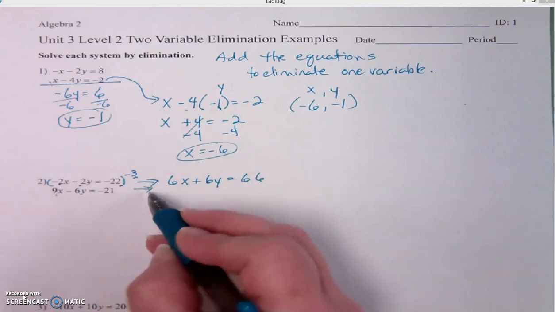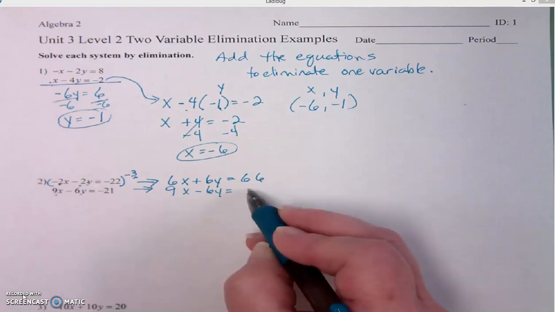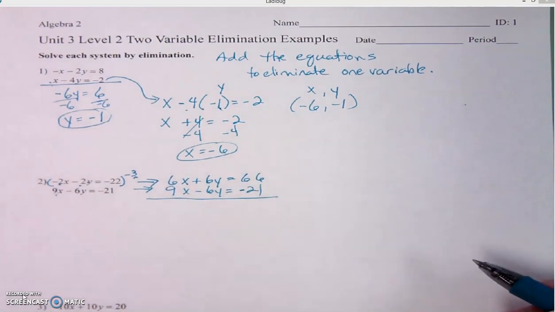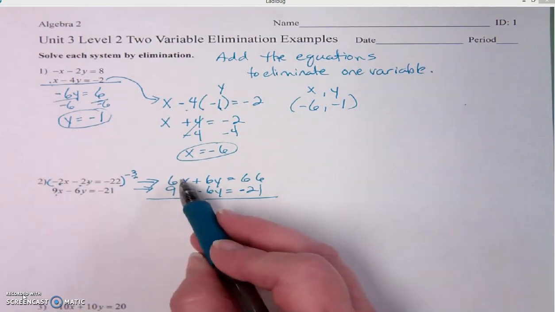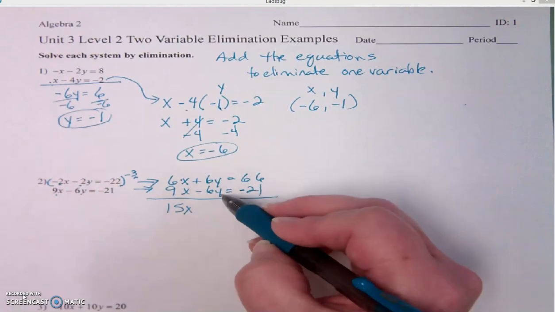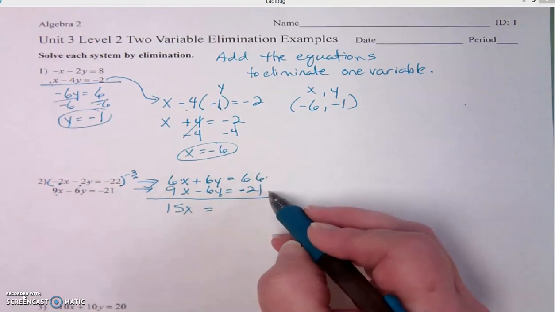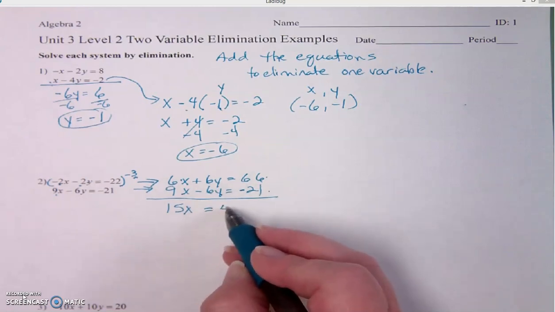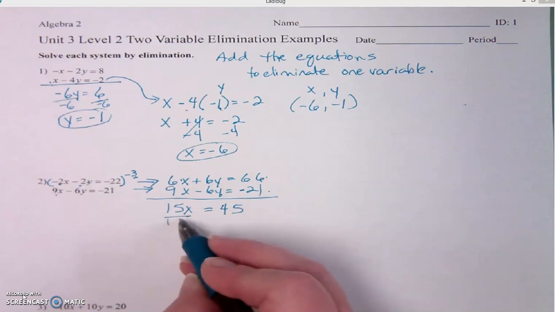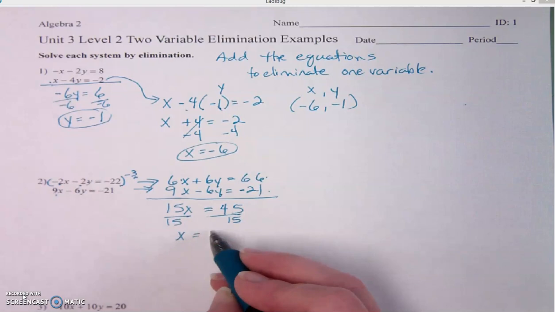I'm going to copy over the second equation as it is, and then I can add my two equations. 6x plus 9x is 15x. My y's cancel, they're eliminated, and then 66 minus 21 is going to be 45. I want to solve for x, so I'm going to divide both sides by 15, and my x will equal 3.